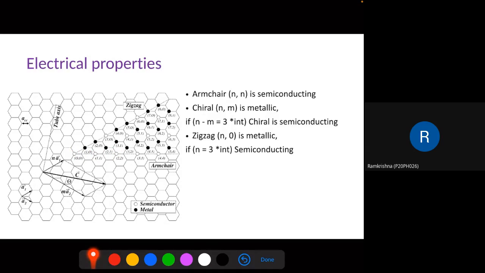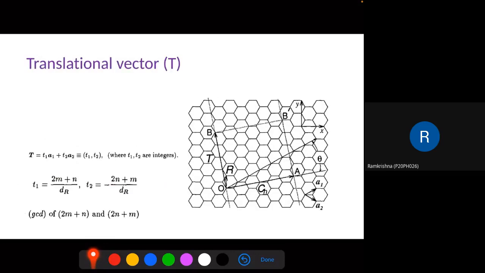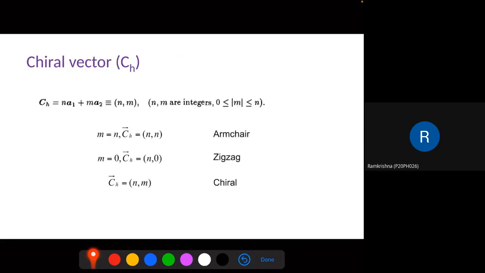And when you look at the cross section, it looks like an armchair cross section. And similarly, if n and m are not equal, it is a chiral version. So basically these are the three different kinds of nanotubes that you can synthesize.